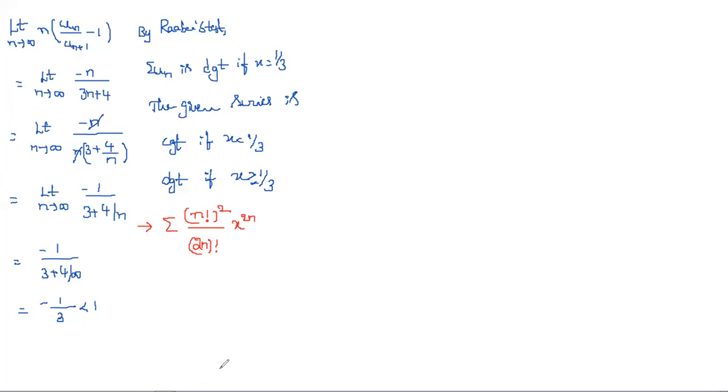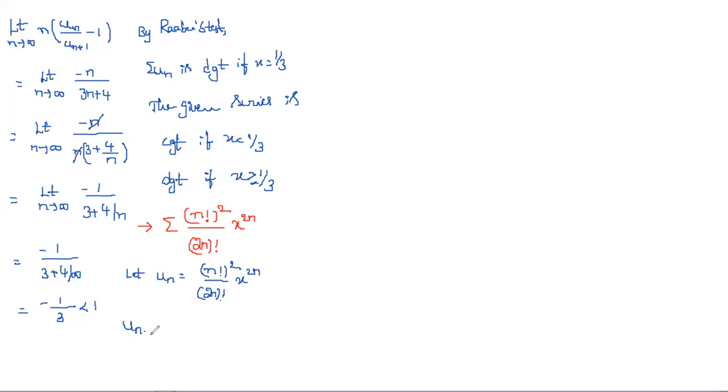So first we can write un as usual. So let un be equal to n factorial whole square by 2n factorial into x power 2n. And next, un plus 1.